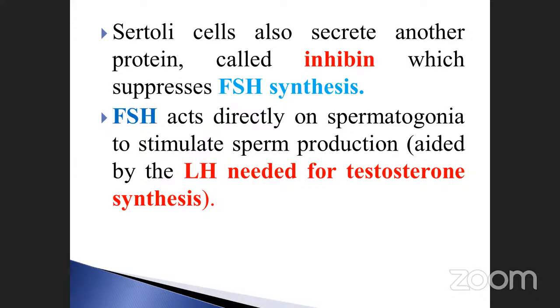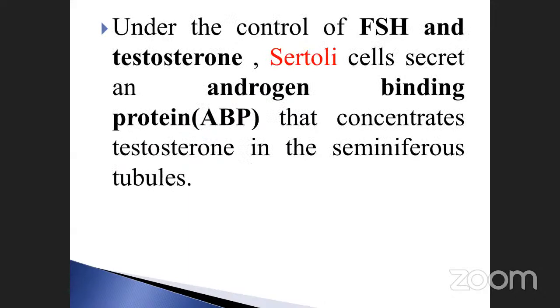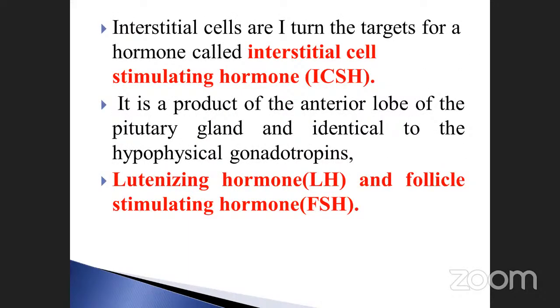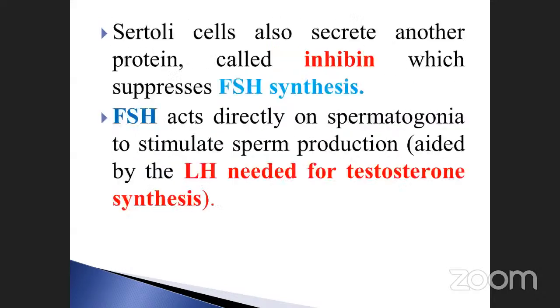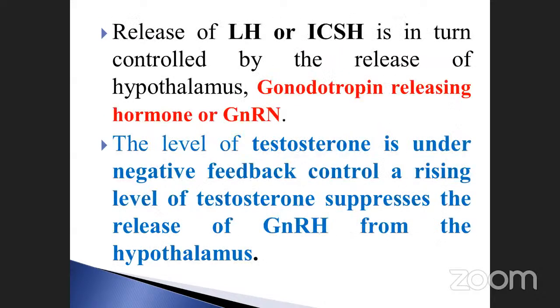Already we discussed which one LH is also needed for, the testosterone synthesis. With testosterone synthesis, the sperm production is also possible, isn't it? Here, these are the two hormones, luteinizing hormone and follicle stimulating hormone. Likewise, these are the hormones responsible for the production of sperm.